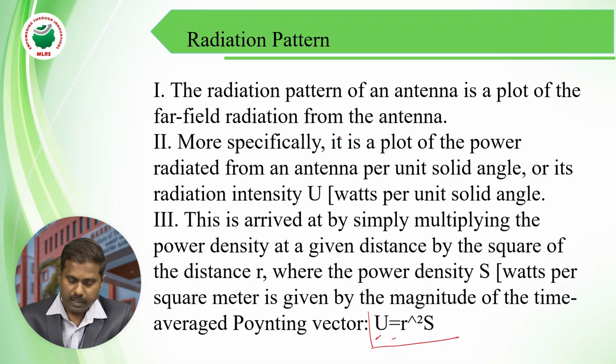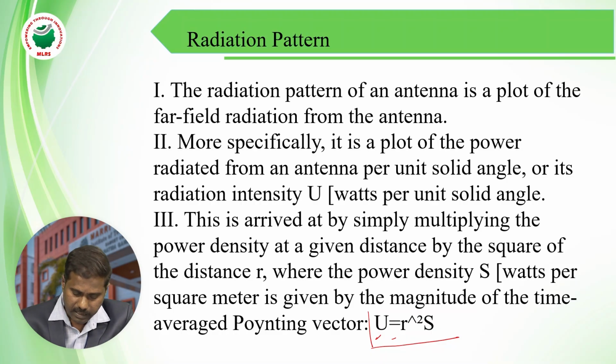Especially, it is a plot of power radiation from an antenna per unit solid angle. Generally power radiation is calculated in terms of the unit per solid angle, or its radiation intensity.